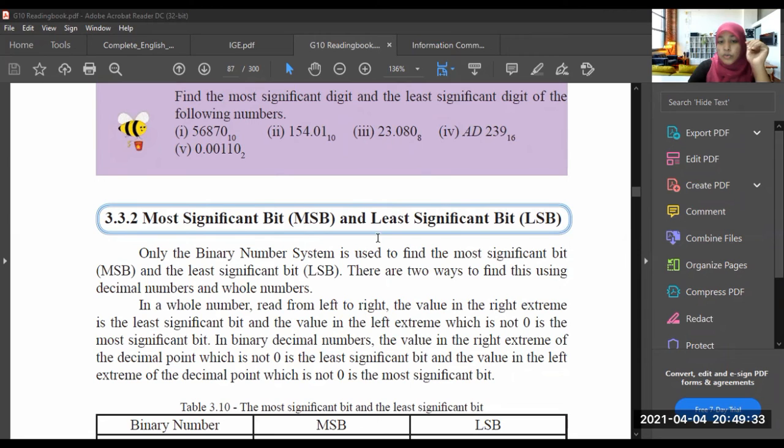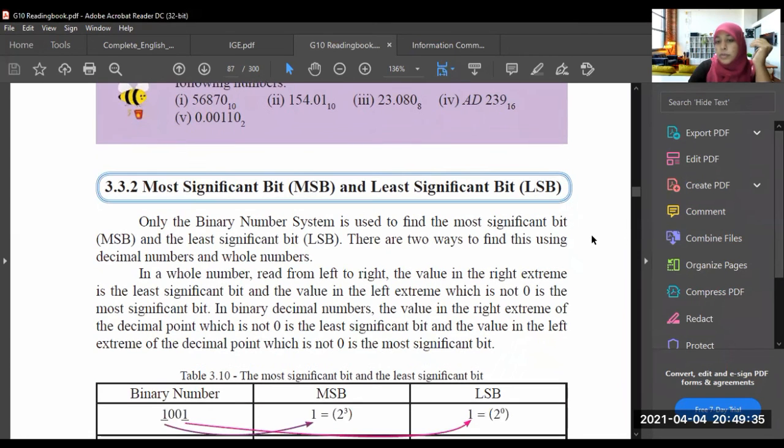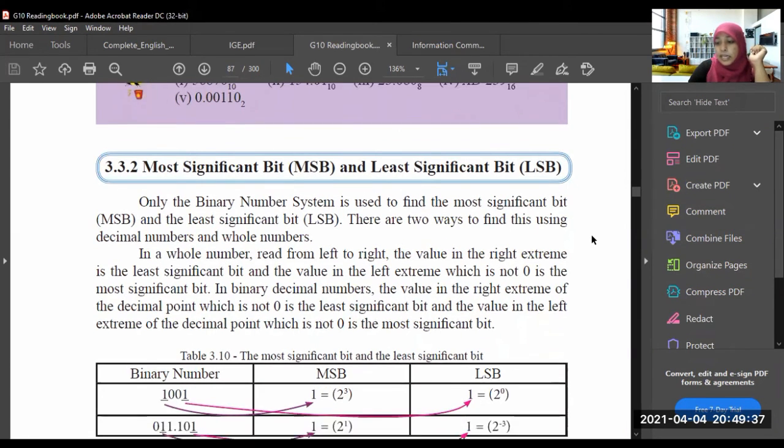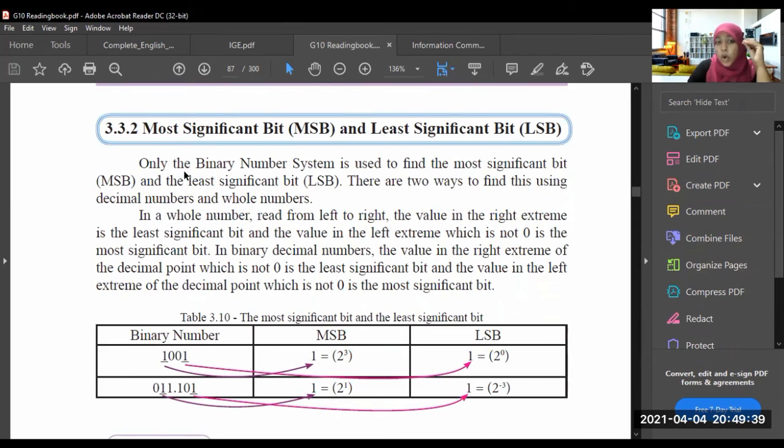Now let's find the MSB and the LSB of the binary number system. Only the binary number system is used to find the most significant bit and the least significant bit. There are two ways to find this, using whole numbers and using decimal numbers.